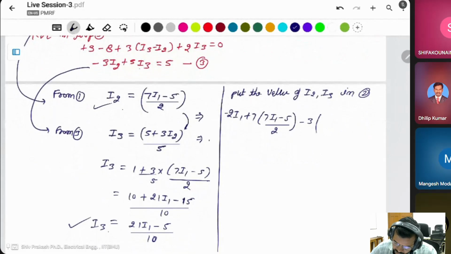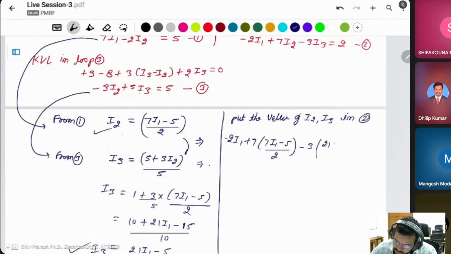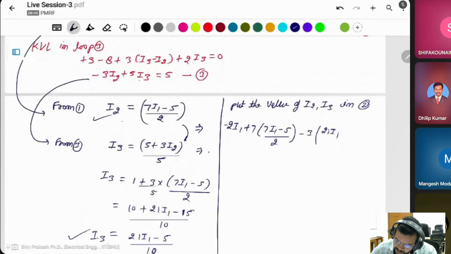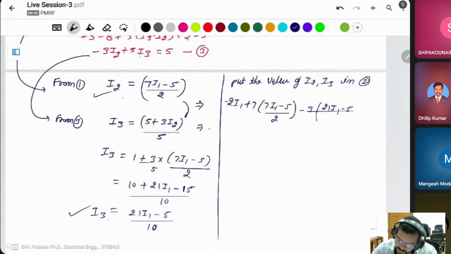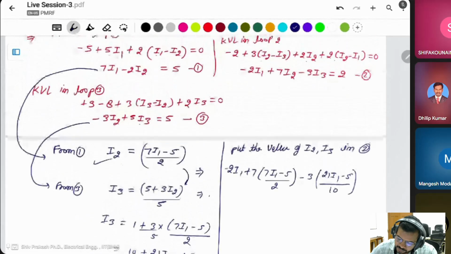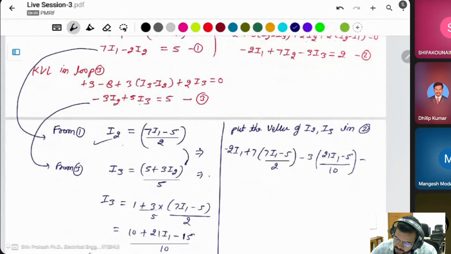I3 is equal to 21 I1 minus 5 divided by 10.